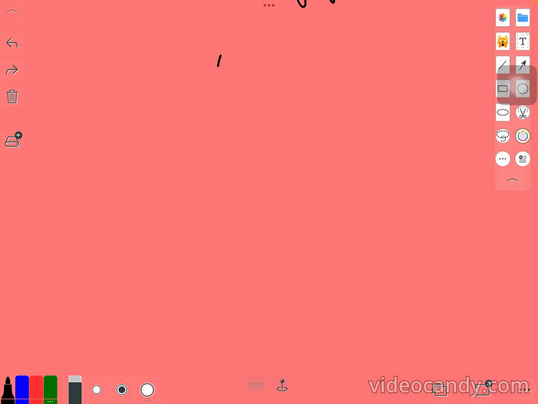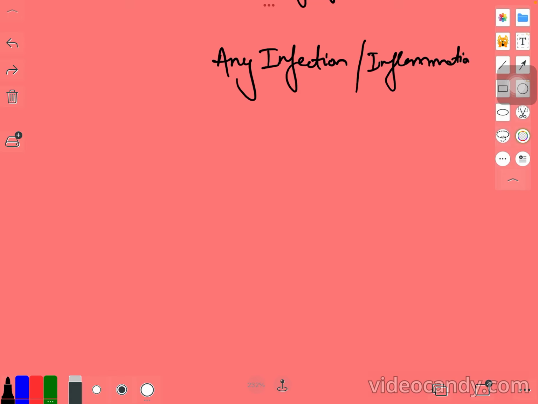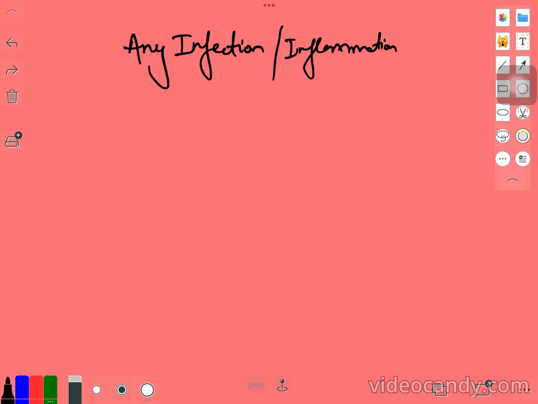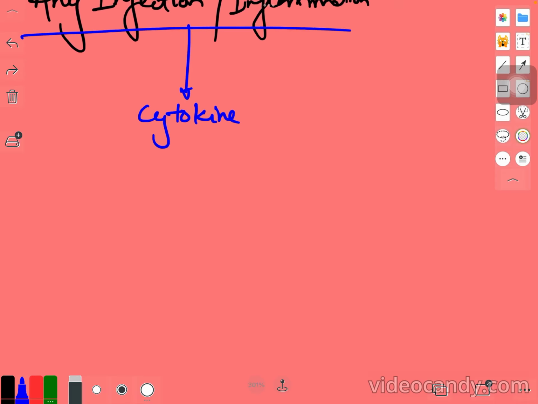So let's say there was any infection and there is inflammation. Now, it's not necessary that all types of inflammation will cause fever, but inflammation has the power to cause fever, right? All this scenario will cause the immune system to release some cytokines. Now the list of cytokines is huge.